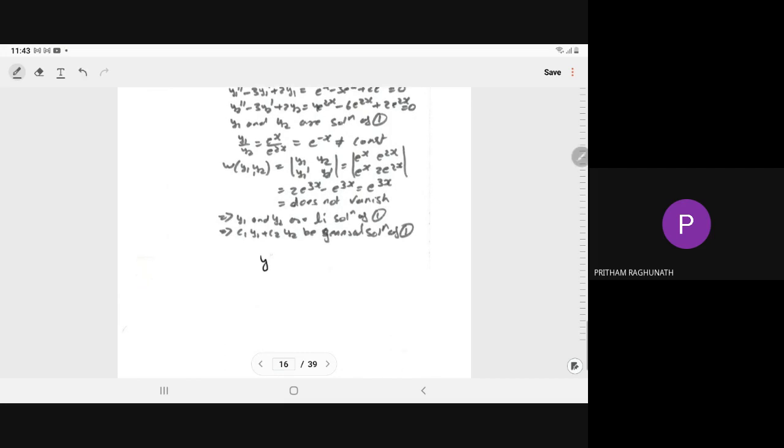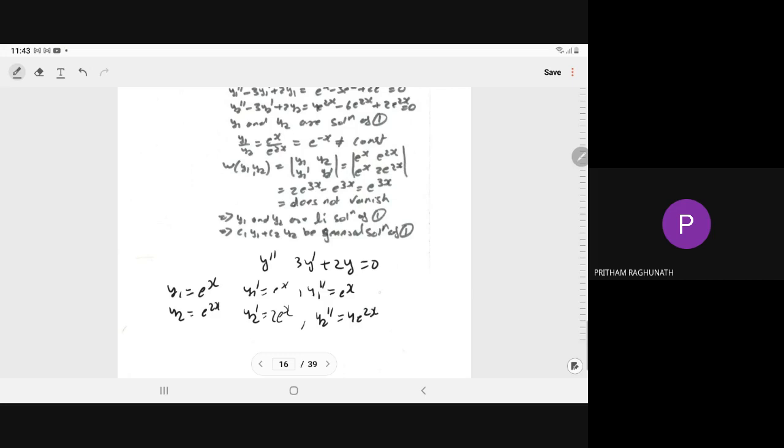So here we have y double dash minus 3y dash plus 2y is equal to 0. And y1 is e to power x, y2 is e to power 2x. So y1 dash is e to power x, y1 double dash is e to power x, y2 dash is 2 e to power 2x, and y2 double dash will become 4 e to power 2x.